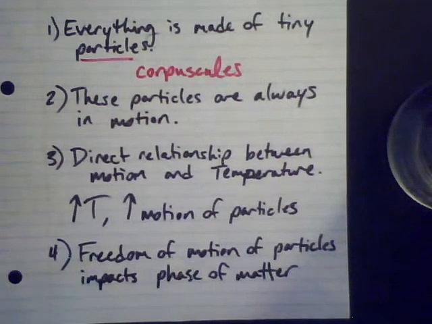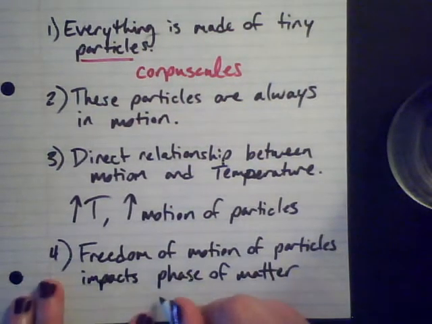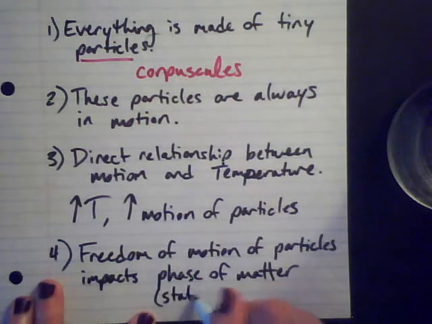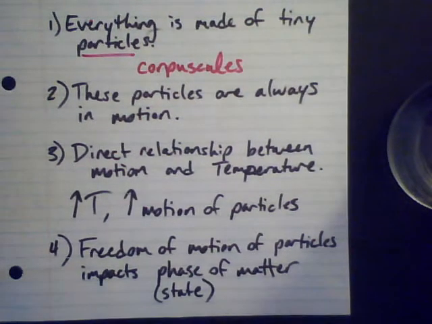Phase of matter, or these are also called states of matter. Okay, so phase or state. And so the more free the particles are to move around, then the more free the phase of matter will be. And we're going to talk about that right now. So the different phases of matter, or the different states of matter that we talk about, are usually solids, liquids, and gases.